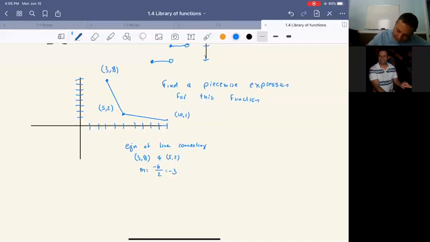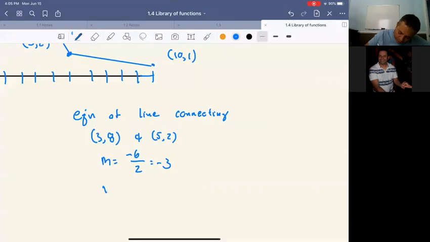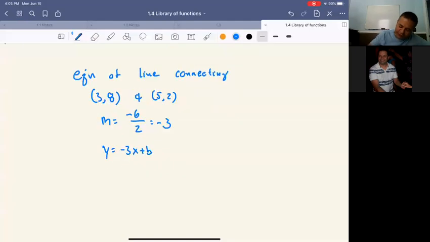Okay. Find the equation of that line. We're going to take y equals negative 3x plus b. We're going to use either one of these points. Let's use 3, 8. So 8 equals negative 3 times 3 plus b. 17 equals b.